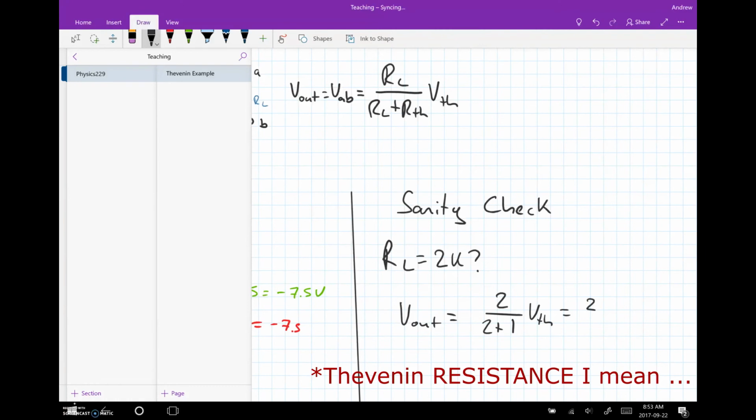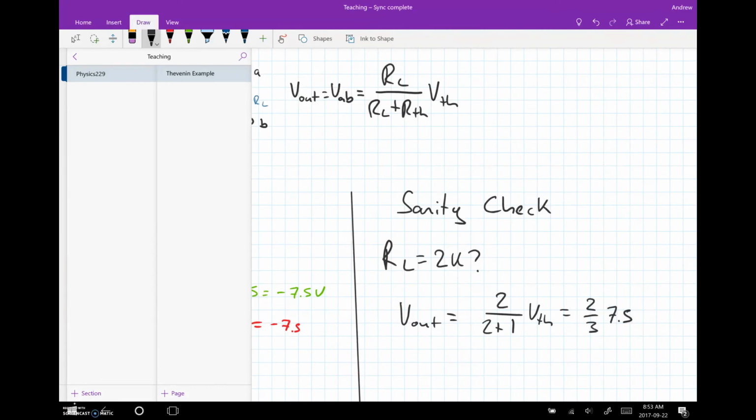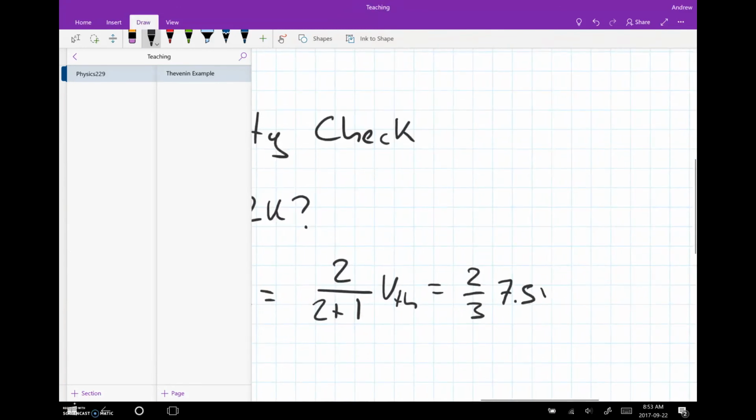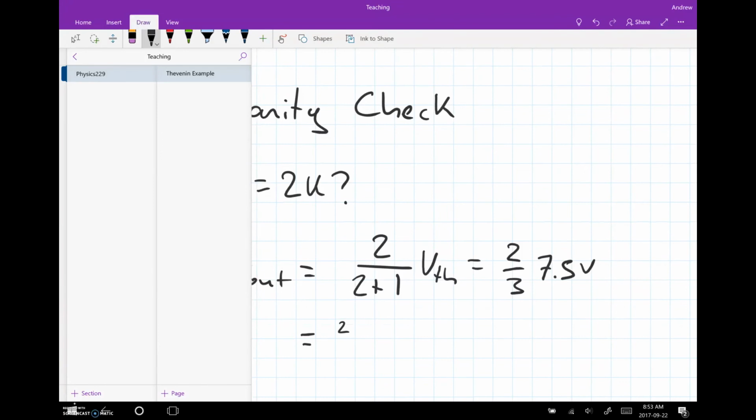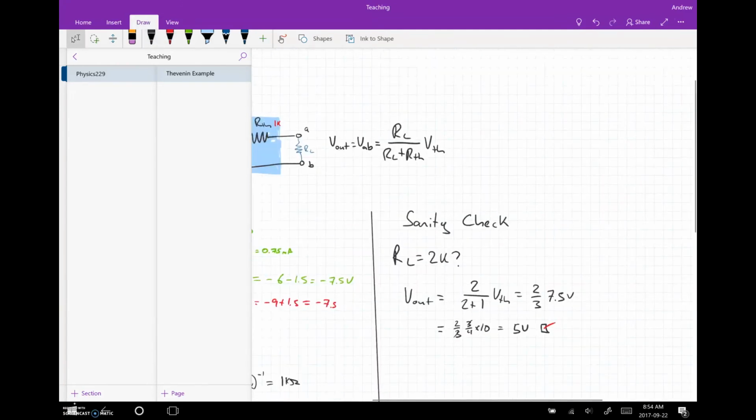And that's equal to 2/3 times 7.5 volts, which is good, I can see already, because this is 2/3. I'll just write it in a more suggestive way. That's 3/4 times 10. That's another way of writing 7.5. So we get 1/2 of 10. We got 5 volts. Big red check. So that works. That's great.